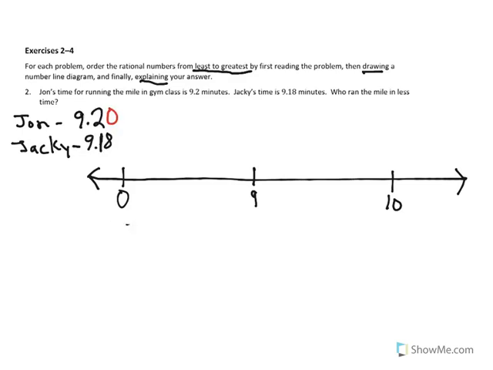Okay, so getting back to here. On our number line, we're in positive numbers. The 18 is going to come before the 20. So on my number line, I'm going to put 9.18 right about here, and the 9.20 I'm going to put right after it, right over here.